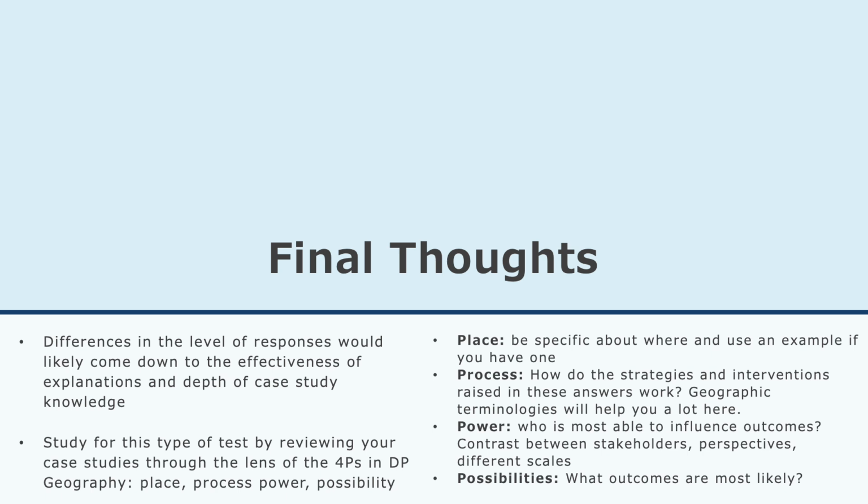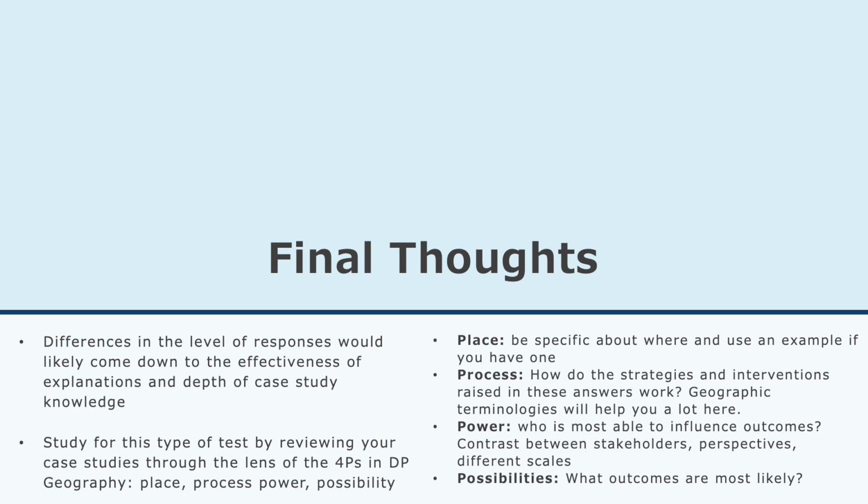So a good way to go about reviewing that would be to consider what different places can you use in different essay type questions, or to consider what processes are you able to describe in each question case. Are you able to use geographic terminologies in order to give specific processes, or are you relying on everyday language to describe some really more complex processes that ought to be described using geographic terms?